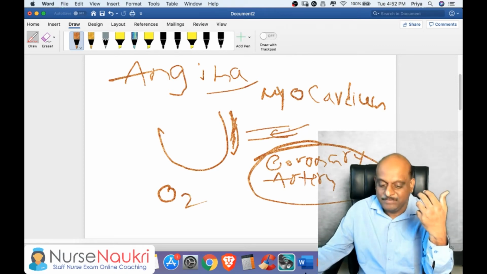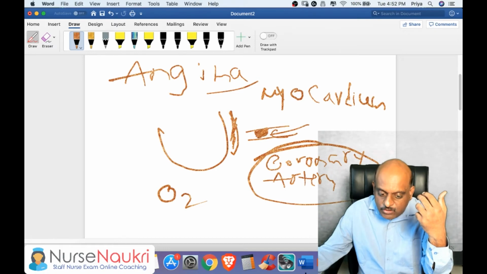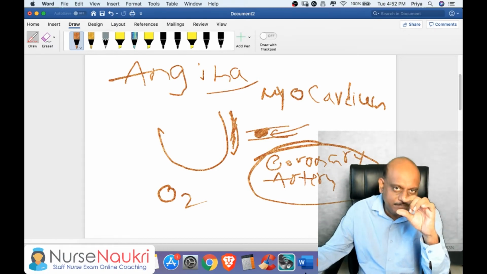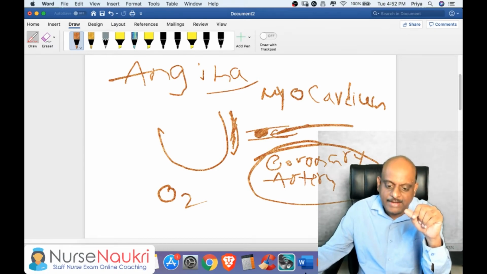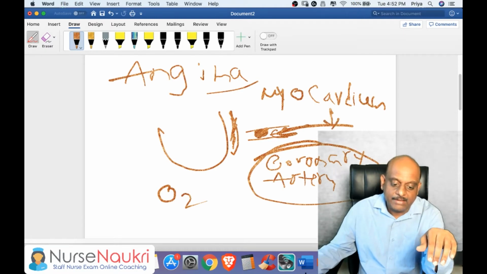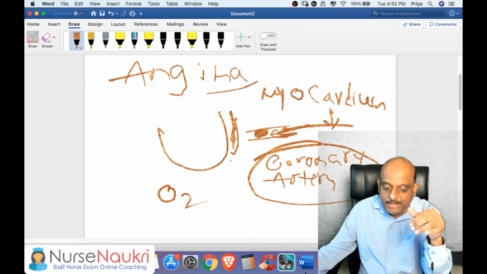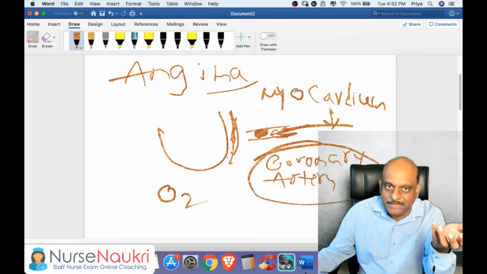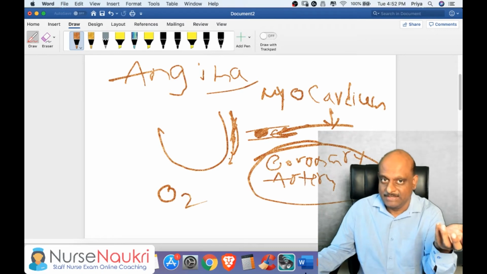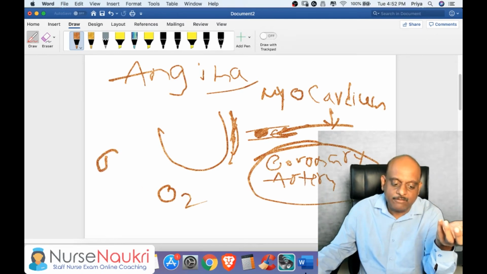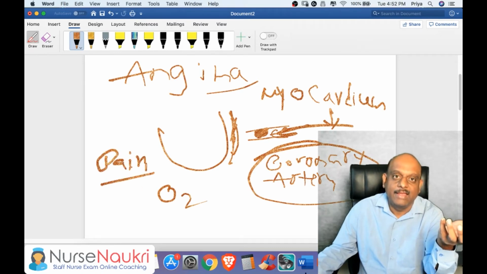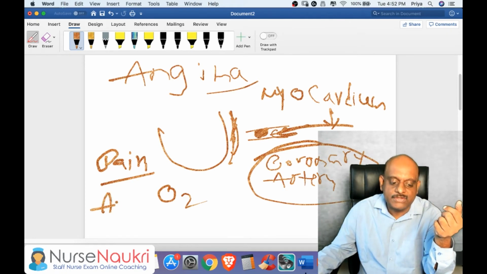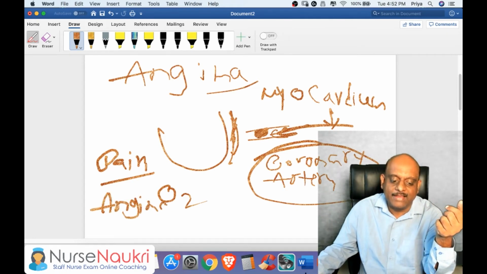That fat accumulates inside the coronary artery and it decreases the blood flow. And when the blood flow to the heart decreases, right? Heart is after all a muscle. It's a pump. It's a muscle. So it leads to the development of the pain. And that is called angina, is what you should remember.